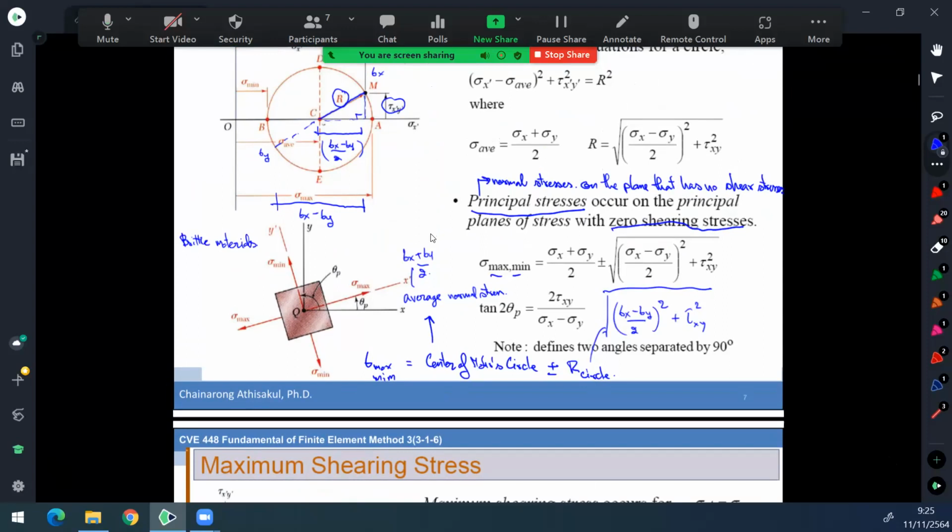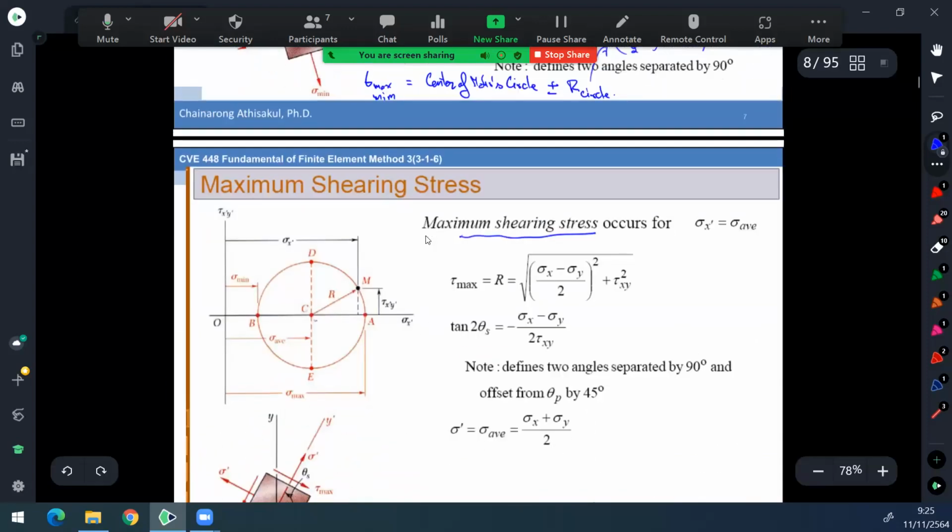But for ductile material, the failure of this type of material maybe does not depend on the principal stress. It's not failing on that plane. Maybe the weakness of this material is due to shear.